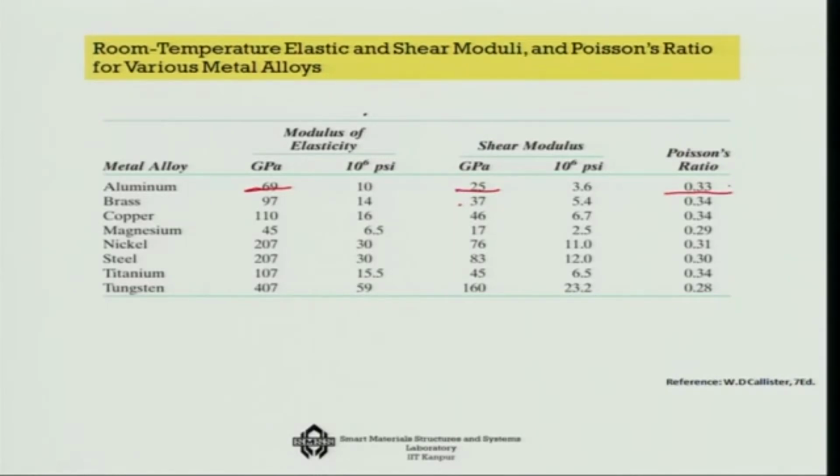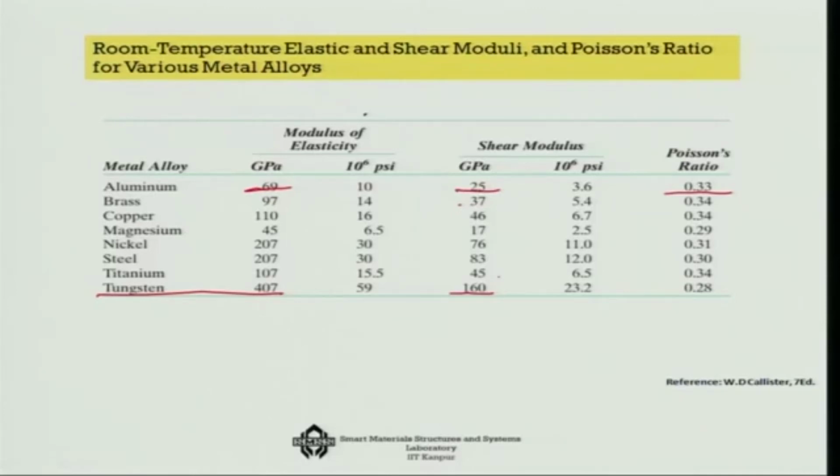In this list you would see that a high modulus of elasticity is found in something like tungsten, and the shear modulus is also high in that same range, but shear modulus is always lower in comparison to the Young's modulus of the system.